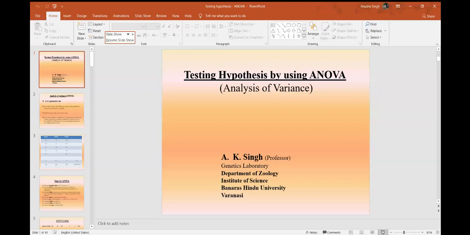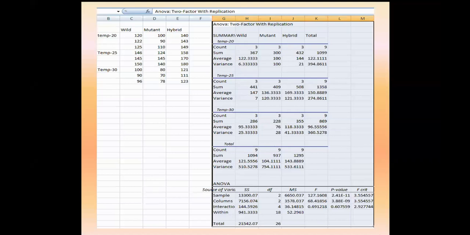Okay, so in this table you can see on the lower side. Now please see the bottom table where ANOVA is written. What we are observing is that the F value, 127.16, is very much higher than the table value 3.55. So this shows that there is a highly significant difference among the different types, I'm sorry, different temperatures, because first comes the sample, then column, and then interaction.